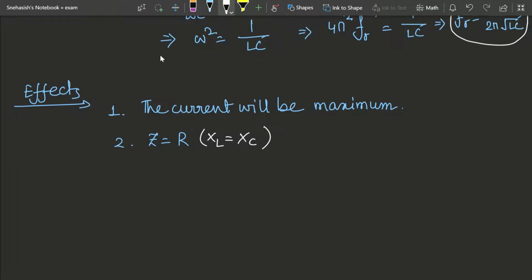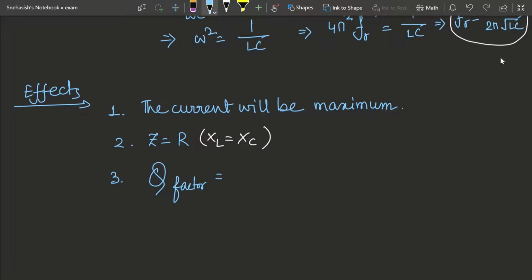Okay. Now the third thing is the Q factor or the quality factor of the resonant circuit. Okay, so Q factor. We will talk later about Q factor.